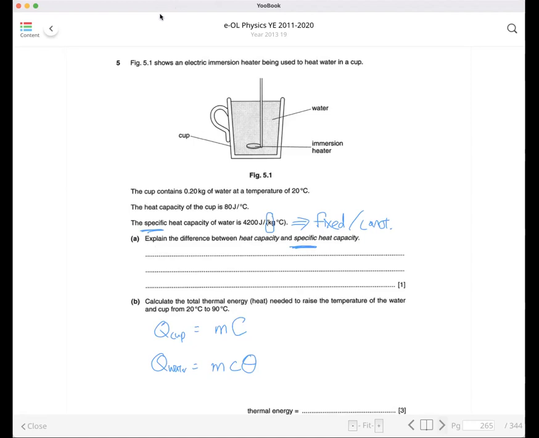Incorrect, Pei Kwan. Try again. Let me give you a clue. For the cup, the mass is the cup. You don't need to know about the mass. Sorry, this is the formula for the cup. So you need to know that it is 80 multiplied by 70 degrees Celsius. Then for this, you go and do the same thing and then add them together.